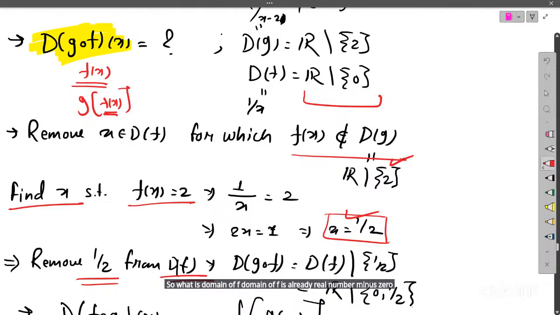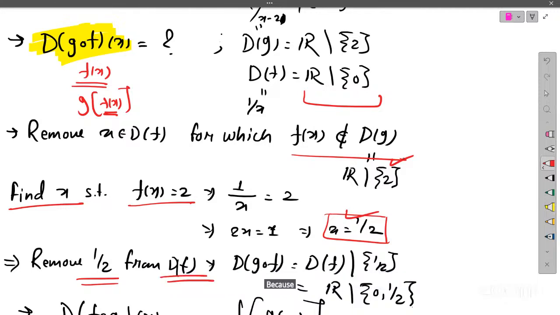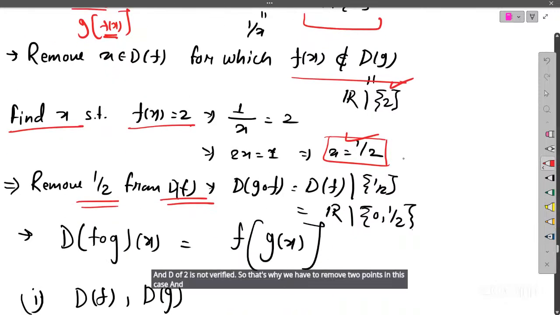So here we have to remove 2 points. We remove 0 since f of 0 is not defined, and we remove 1 by 2 because at 1 by 2, f of x becomes 2 and g of 2 is not well defined. So those 2 points are 0 and 1 by 2. Yeah, I understood now.